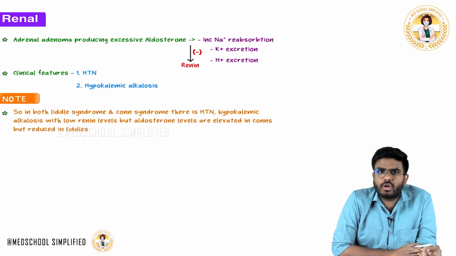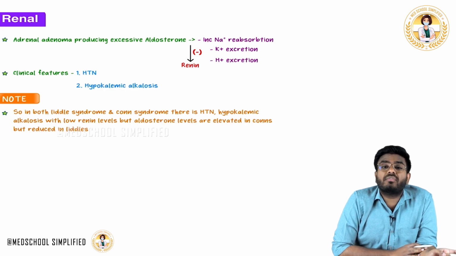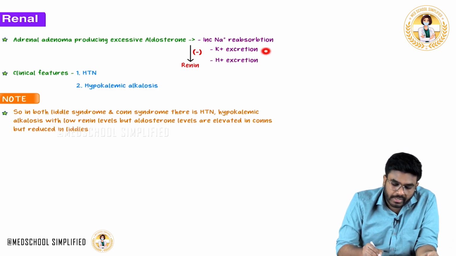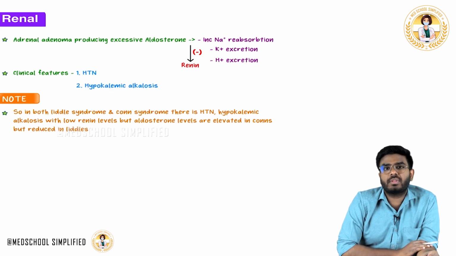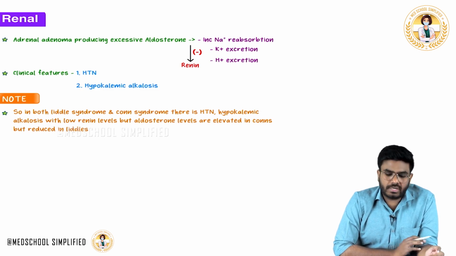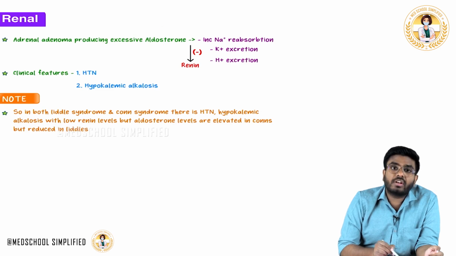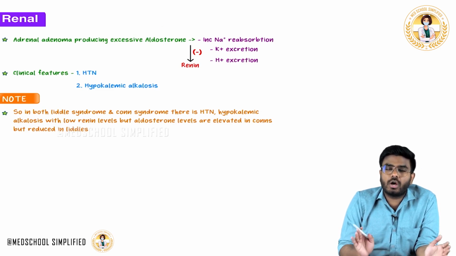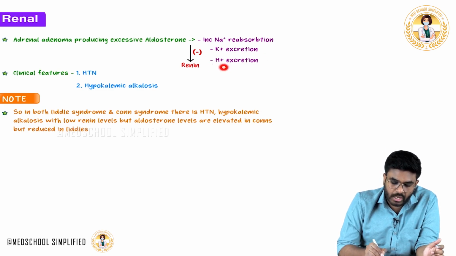We also know aldosterone throws potassium out of the body. In this condition, excessive aldosterone causes excessive potassium loss, that will cause hypokalemia. And we know aldosterone will cause proton excretion, H plus excretion, acid excretion. In this patient, excessive aldosterone will cause excessive proton loss, and excessive proton loss will cause alkalosis.